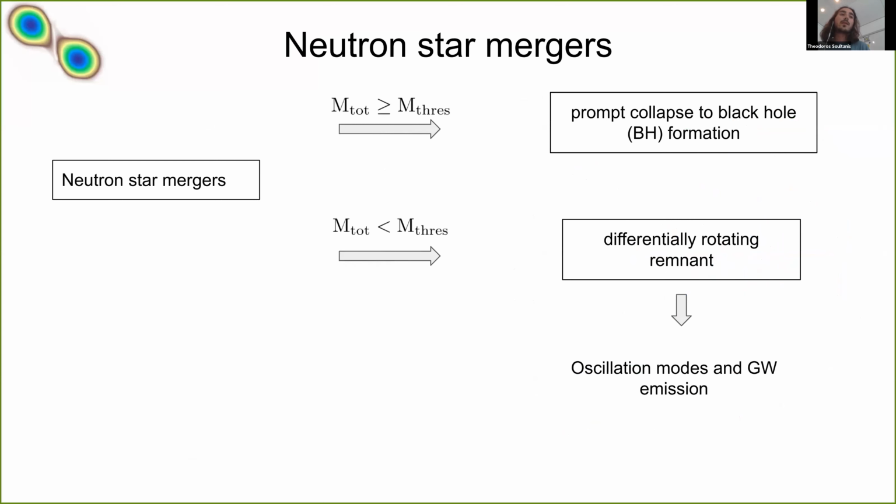So generally, when we talk about neutron star mergers, we have two large categories. Of course, as Professor Kokkotas said in the first talk today, the picture is very complicated, but we can define at least two simple categories. One of them is when the total binary mass exceeds some specific limit. In this case, when the two stars collide, they immediately form a black hole.